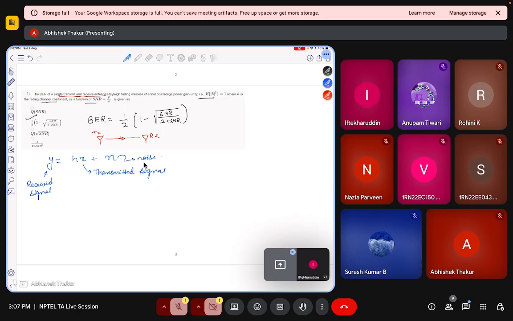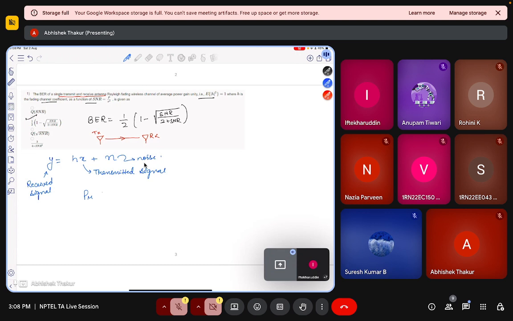Okay, so what will be the received power here? Received power will come from the signal which is transmitted.